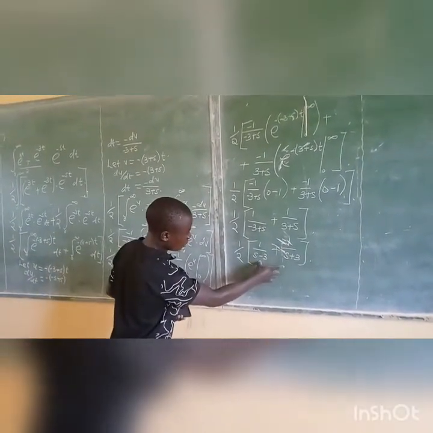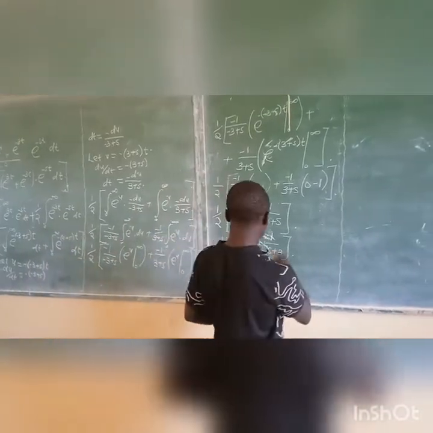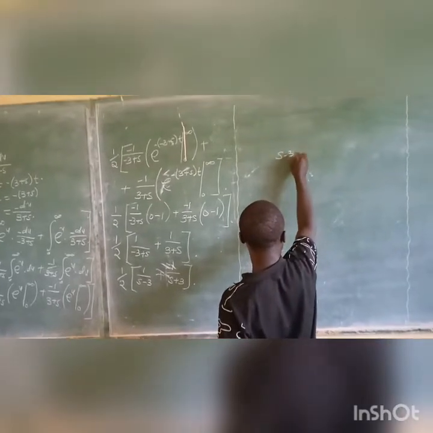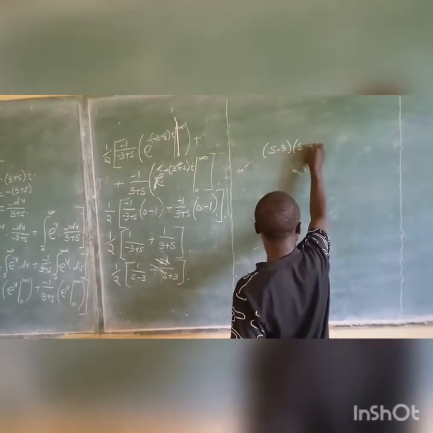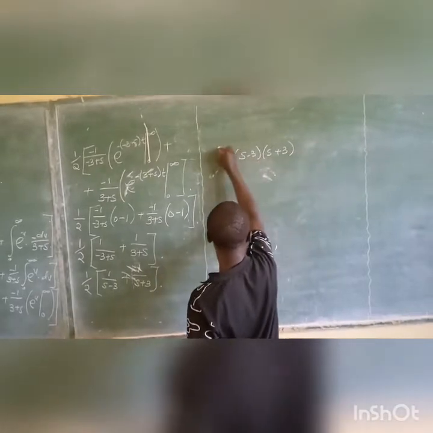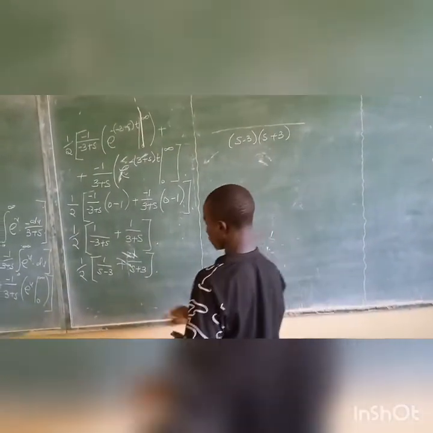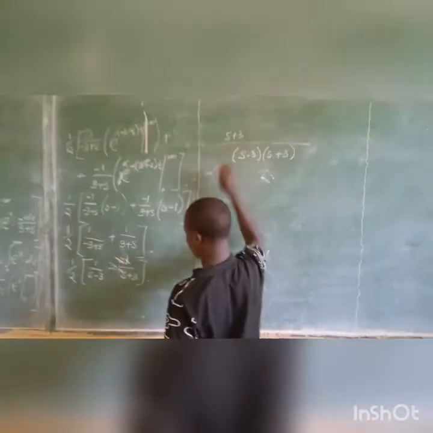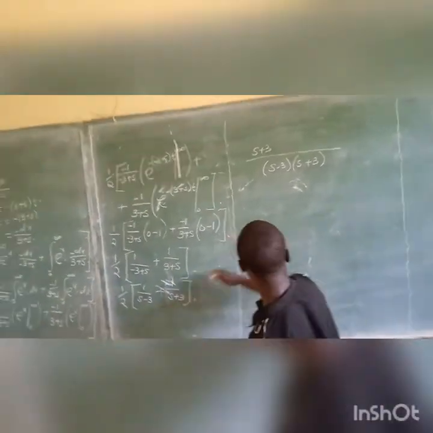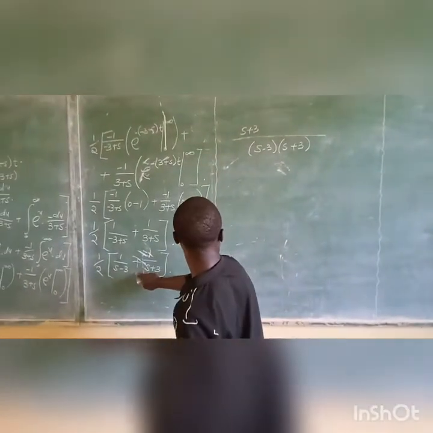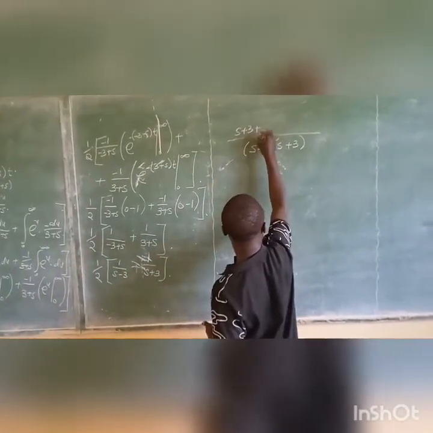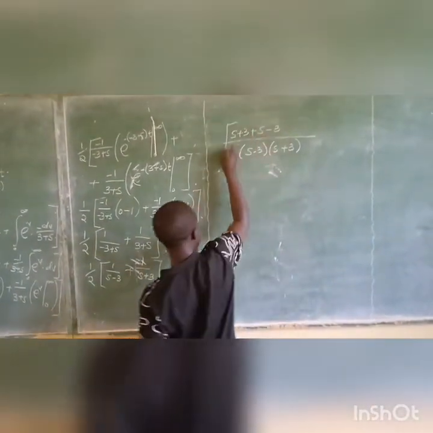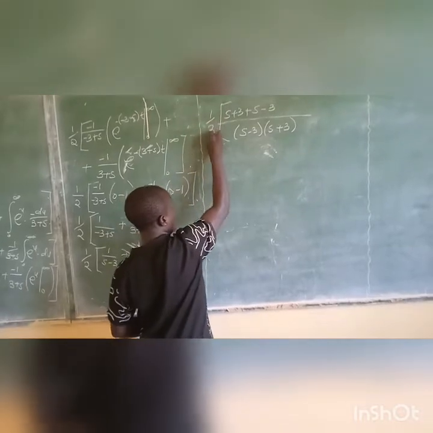So sum up what is in the bracket. The LCM is s minus 3, s plus 3. So it will be s plus 3, and then plus s minus 3. Remember, there is a half outside.